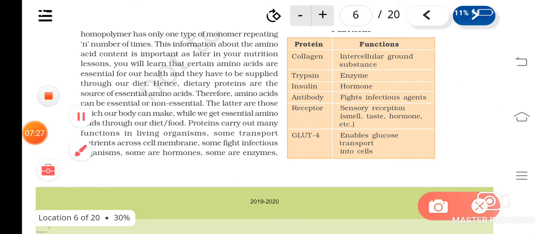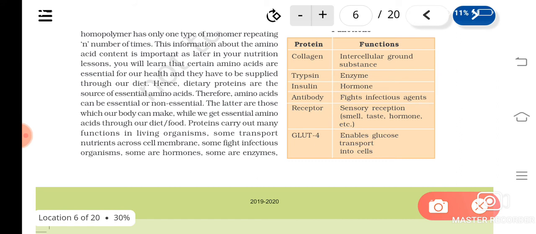Essential means needed by our body, and they must be provided by the proteins we eat. From that only we will get them. Non-essential amino acids are those which our body can make. The essential ones our body cannot make, and the non-essential ones can be produced in our body.